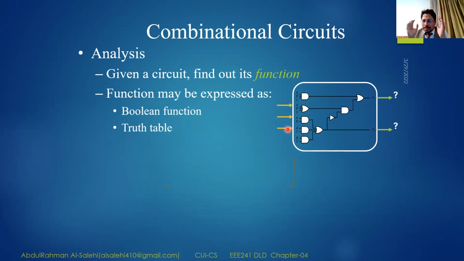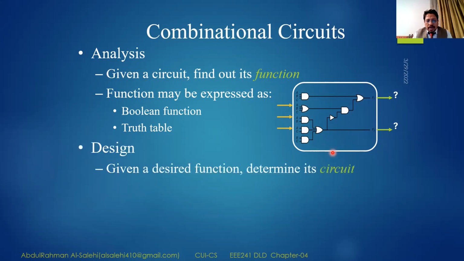You have to analyze it by taking its Boolean functions. Boolean function means that you are going to check each input and what is the result of each gate, then what is the overall result of this circuit, and then we take the truth table for that.